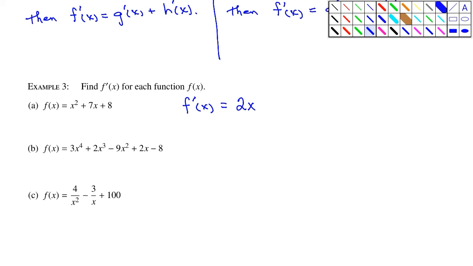The derivative of 7x is just 7, because this is 7x to the first. So to find the derivative, you would bring the 1 down and multiply to get 7 times x to the 0 power, but x to the 0 power is 1.